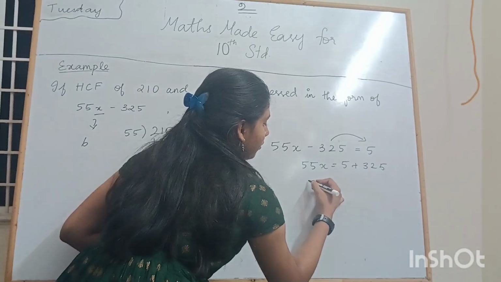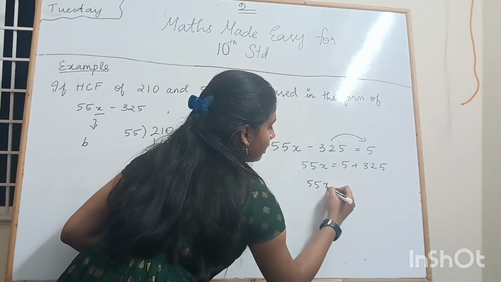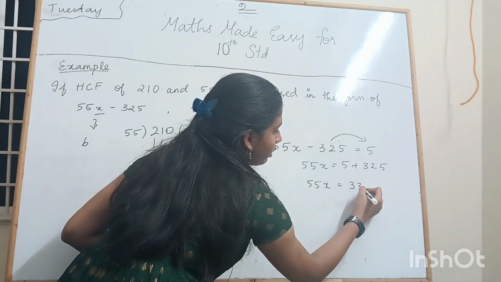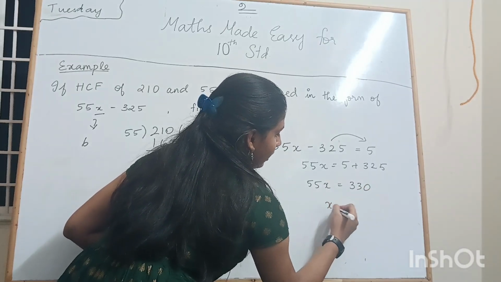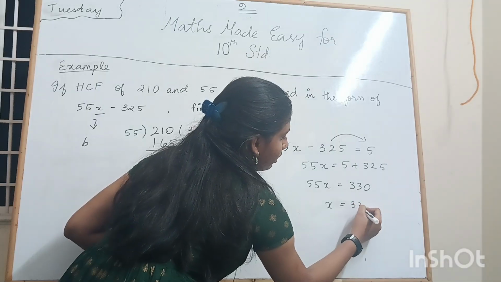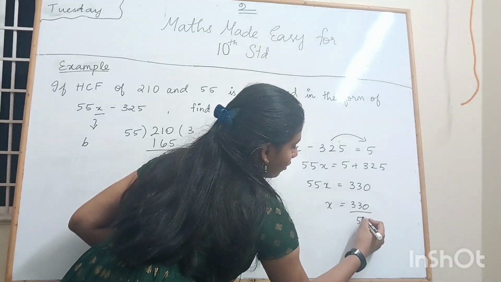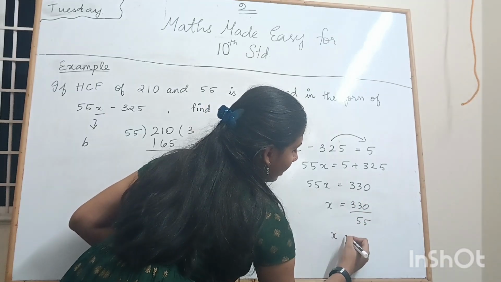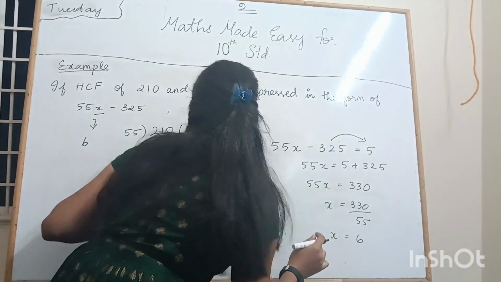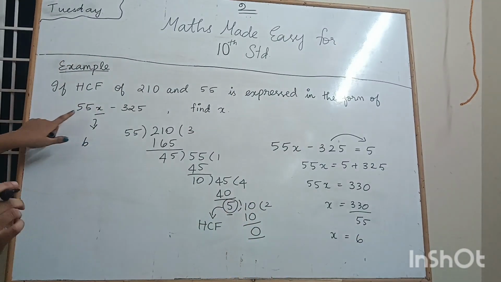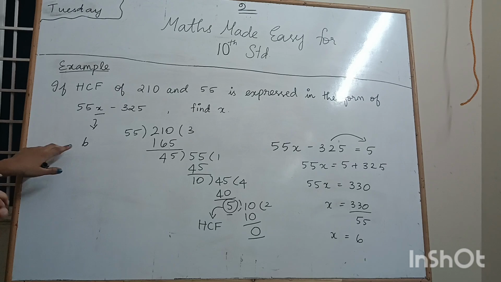Then 55x is equal to 330. Then x is equal to 330 divided by 55. Then we get x is equal to 6. So the value of x here is 6. Thank you.